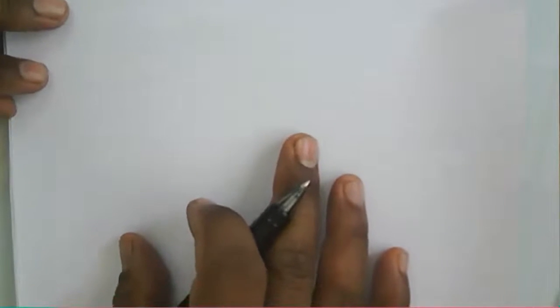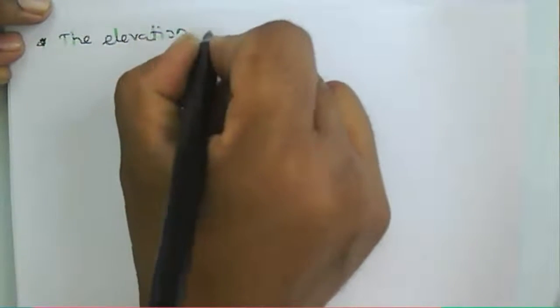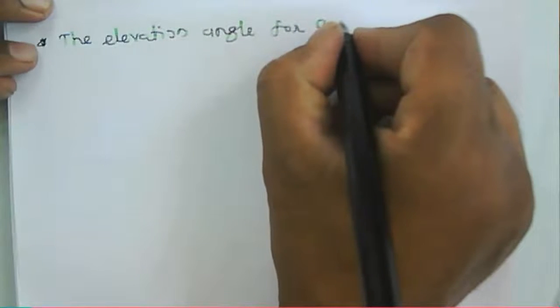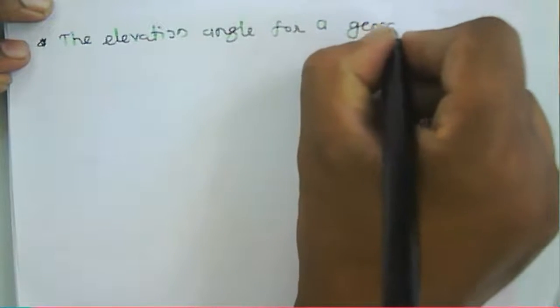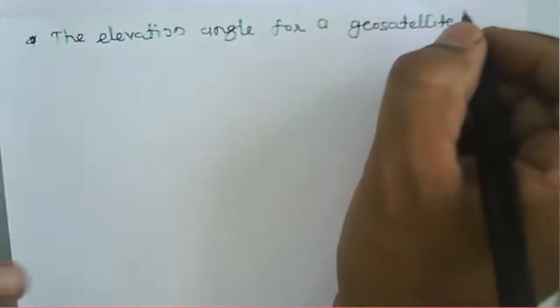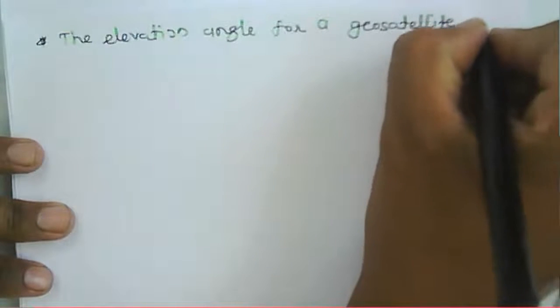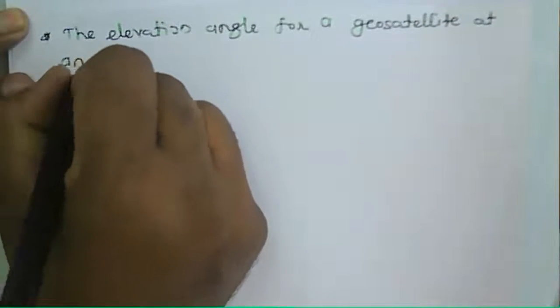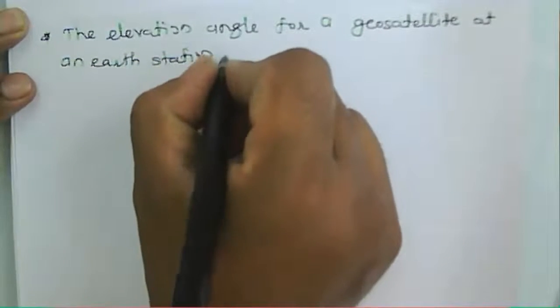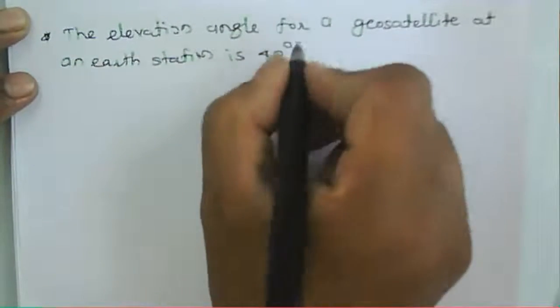Next one: the elevation angle for a geosatellite at an earth station is 40 degrees.